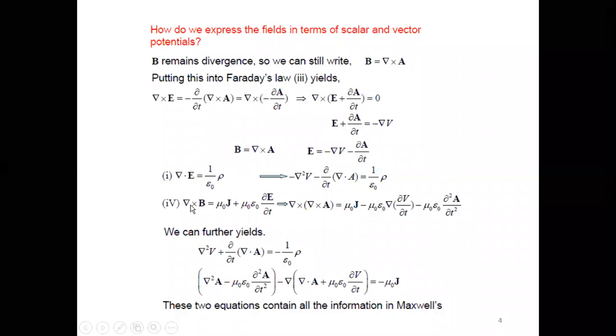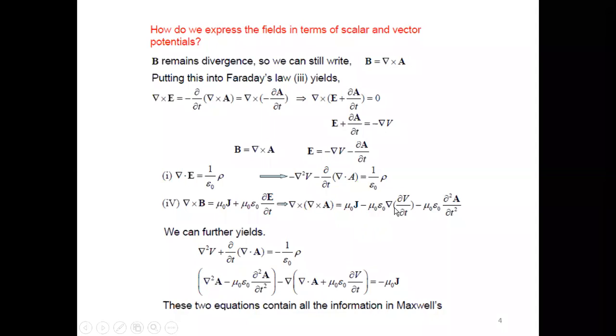Now again, if you put the relationship of B in terms of A in the curl equation, the Maxwell modified Ampere's law, that is the fourth equation of Maxwell. If we put B equals to curl of A, then curl of curl of A equals to this, and again substitute the value of E, that is minus grad V minus dou A over dou t.